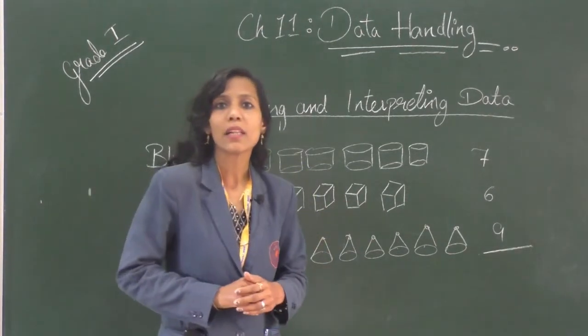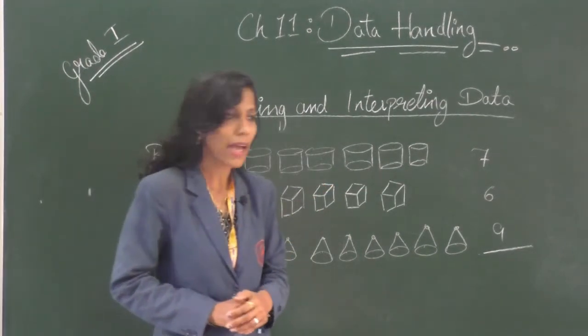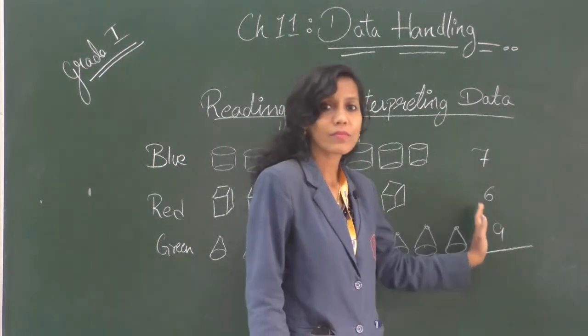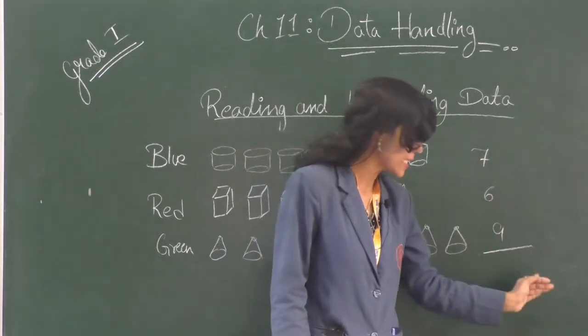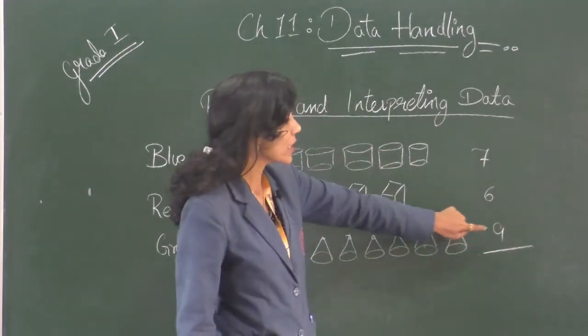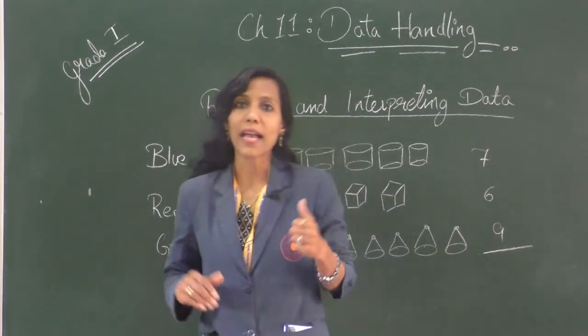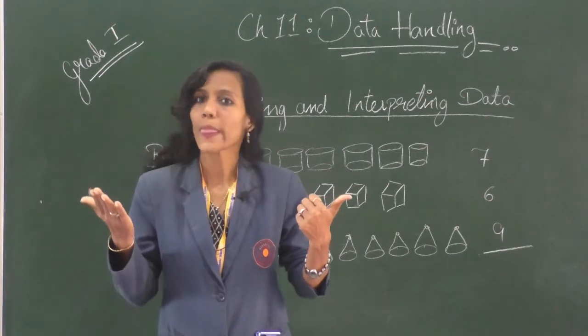Now, what is the total number of beads that I have? So here I get the numbers for each bead, and if I add them I'll get the total. Taking the big number in my mind, that is 9, and 6 in my hand. Let's count.